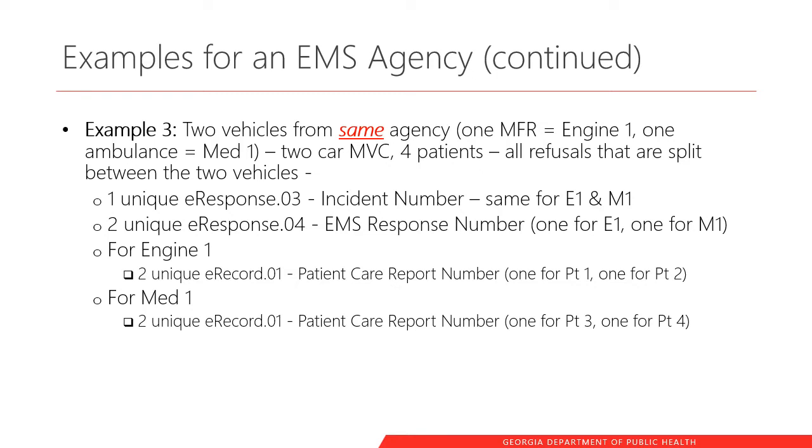For the numbering, there is one incident number, one response number for each vehicle, so 2 total response numbers. For engine 1, which took patients 1 and 2, there's one unique patient care report for each patient, so 2 total. The med unit does the same for patients 3 and 4. So there's a total of 1 incident number, 2 response numbers, and 4 patient care report numbers.